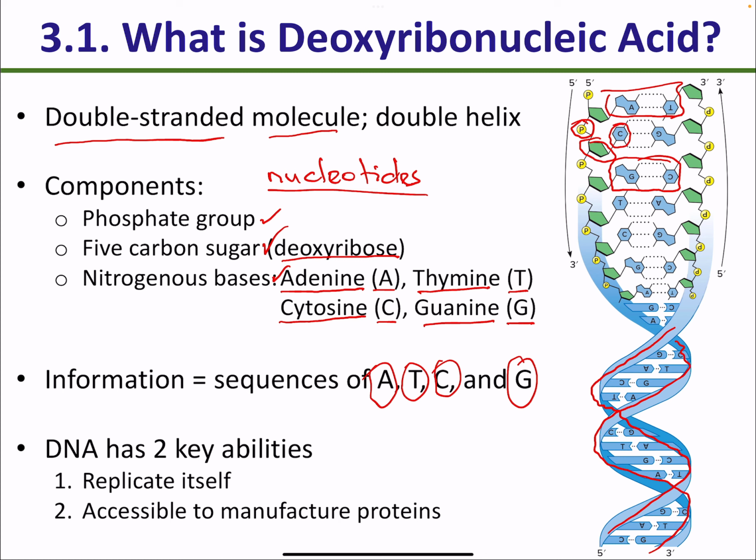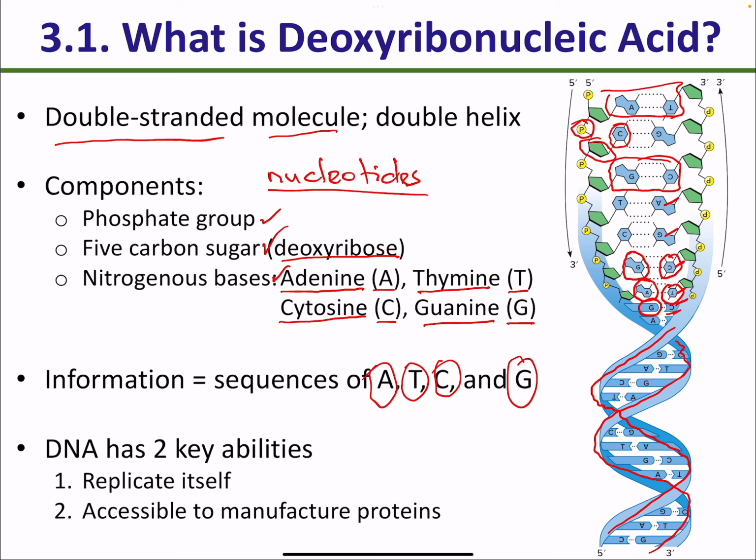For instance, here, if we look at this strand, we have C, T, C, T, C, G, A. Now, remember that A pairs with T and C pairs with G. So for this C right here, the complementary base is going to be G. For this T right here, the complementary nitrogenous base is going to be A right here. For this C, the complementary base is going to be G, and so on.